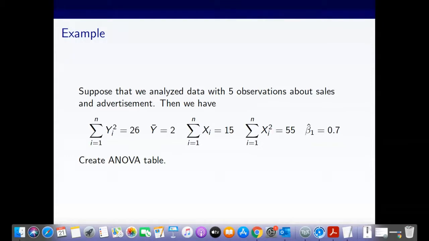And then we have this information: the sum of yi square equals 26, y bar is equal to 2, the sum of xi for i equal to 1 to n is equal to 15, the sum of xi square is 55, and beta 1 hat is 0.7.